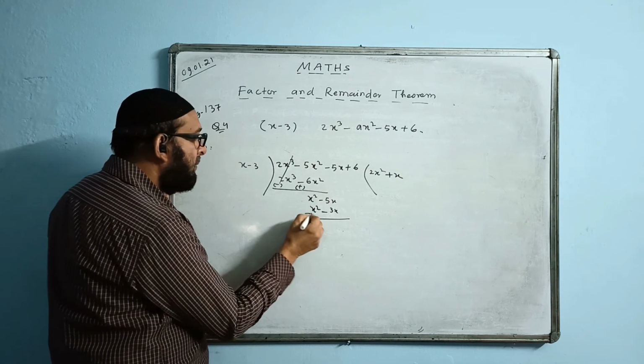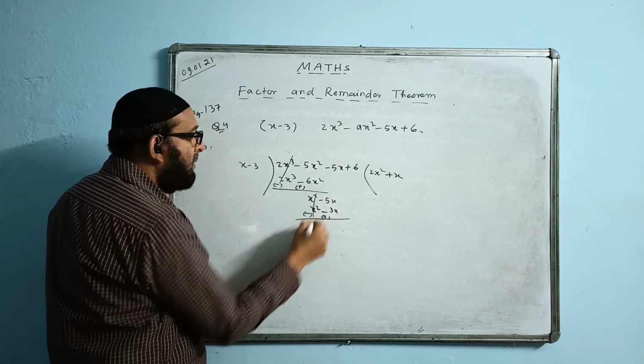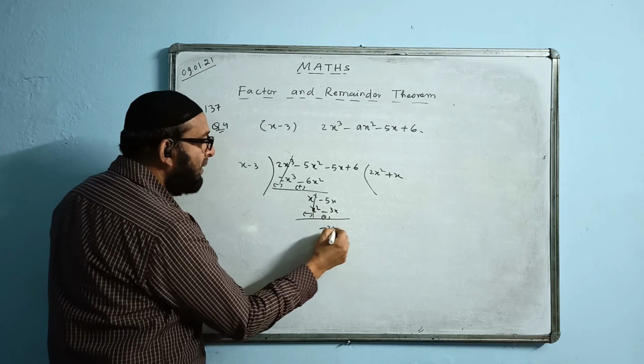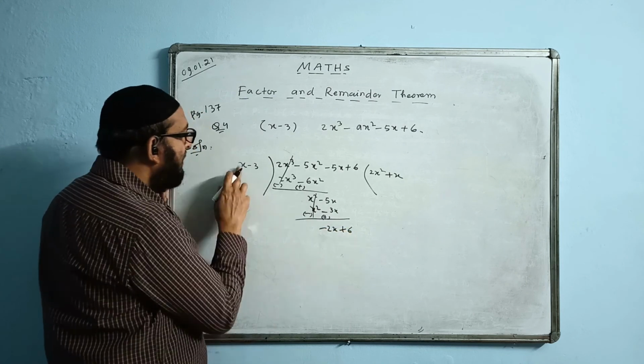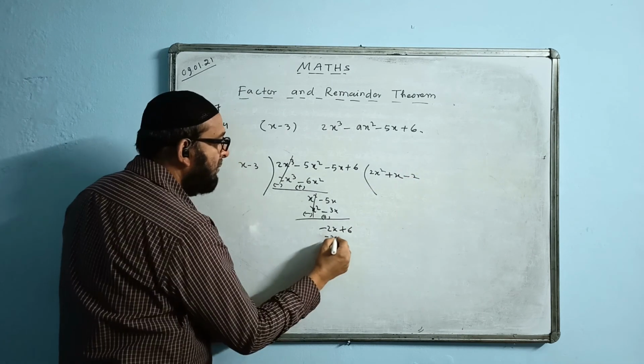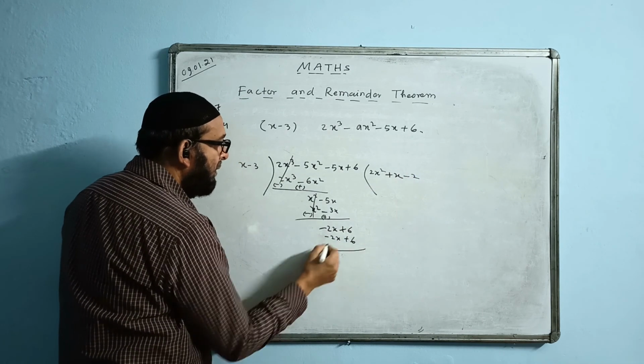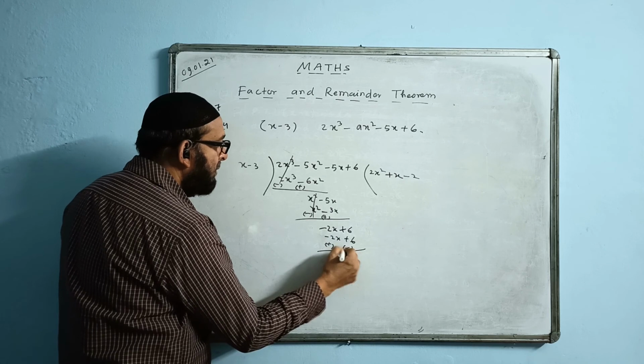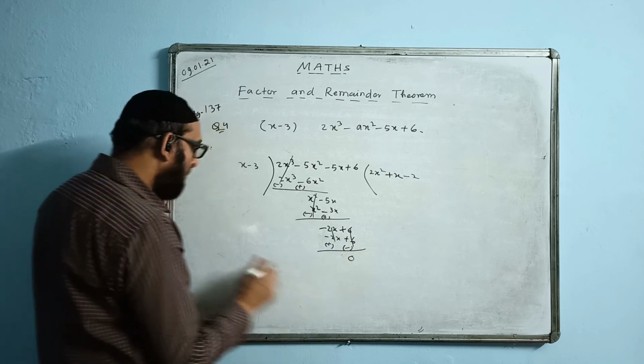Change the sign. This is cancelled. Here the answer becomes minus 2x plus 6. x and x is matching. Minus 2 will go by minus 2. The answer will become minus 2x plus 6. Change the sign. This will go. Remainder comes 0.